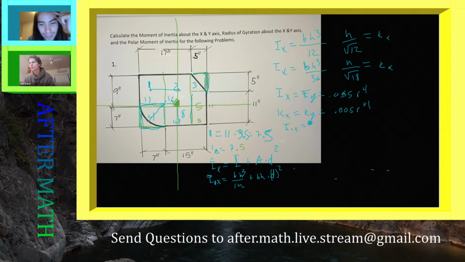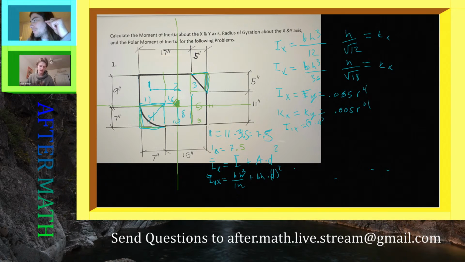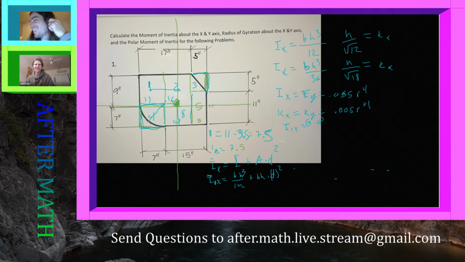So we've got 9 times 7, and this is cubed, I think, or is it just the height that's cubed? Shoot. No, it's just the height that's cubed, I believe. Just the height, which means our y is going to be very different. Yeah, it's just the height cubed.